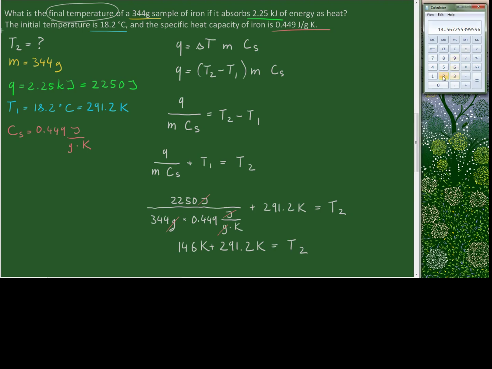And finally, we just add the two temperatures together. So 291.2 plus 14.6 gives us 305.8 as our T2. And that is all for now.